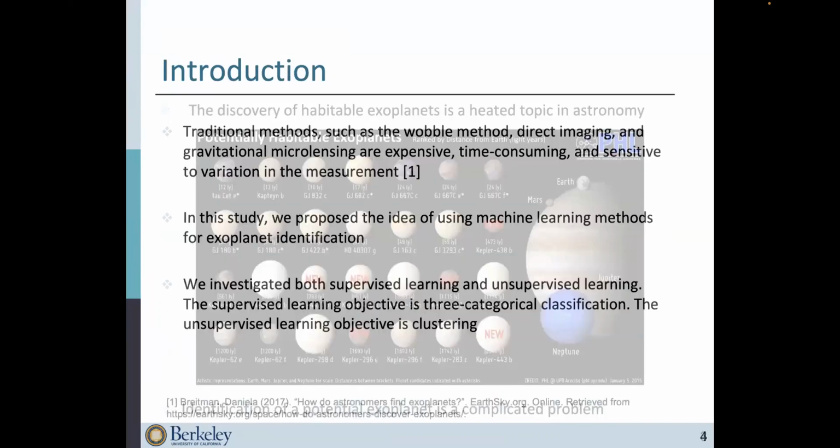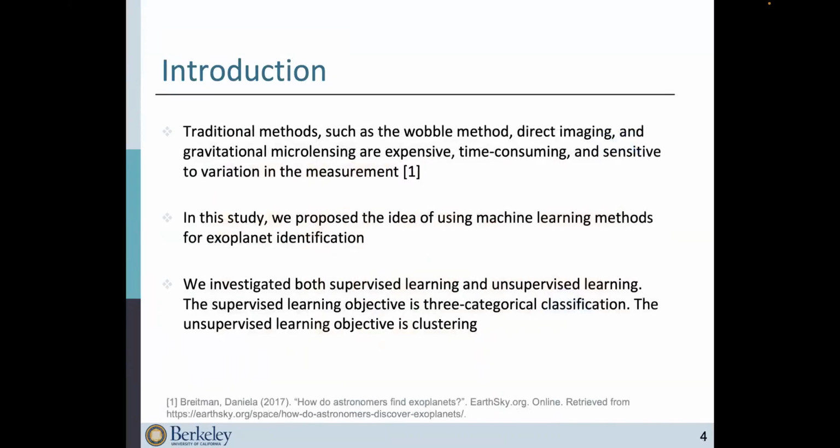identification. Traditional methods, such as the wobble method, and some imaging and gravitational microlensing are expensive, time-consuming, and sensitive to variation in the measurement.